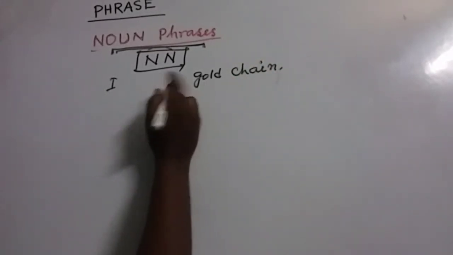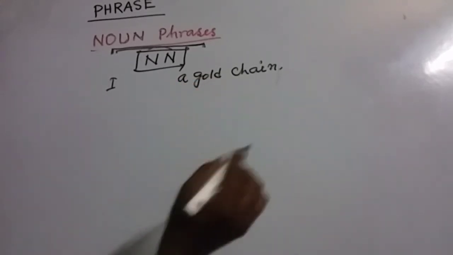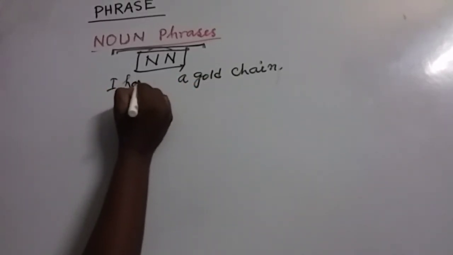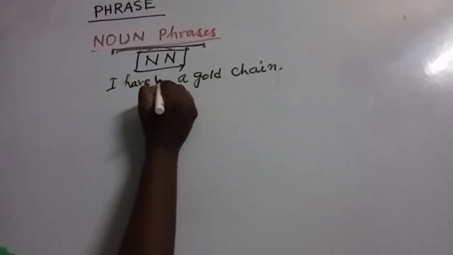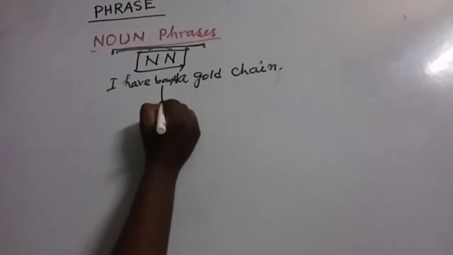Look at this one. I have bought. My dear friends, this is the verb.